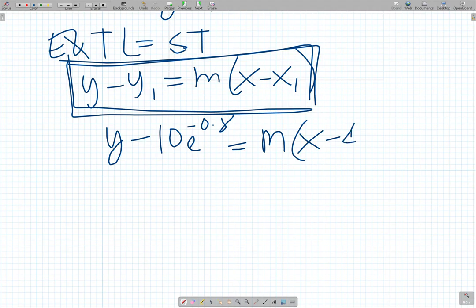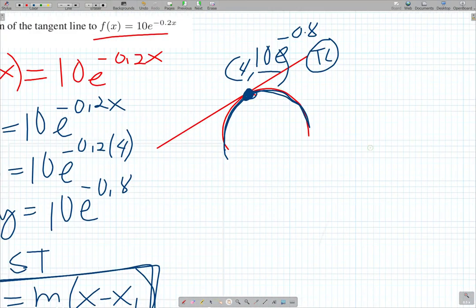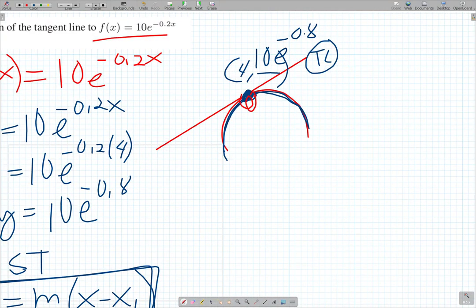May binigay, no? Which is 4. Yan. So how will you solve for the slope of the tangent line? Okay? So mangyari, no? Ang slope kasi sa point na 4 and 10 e to the power of negative 0.8, sa point na to pareho, class, ang slope ng curve sa point na to pati yung tangent line.